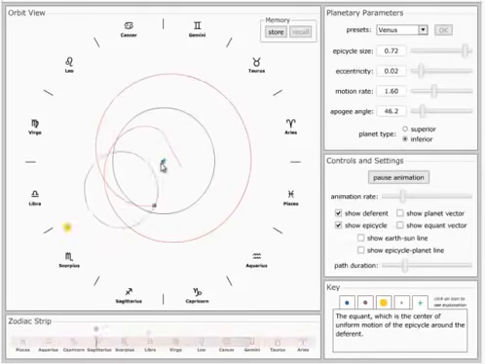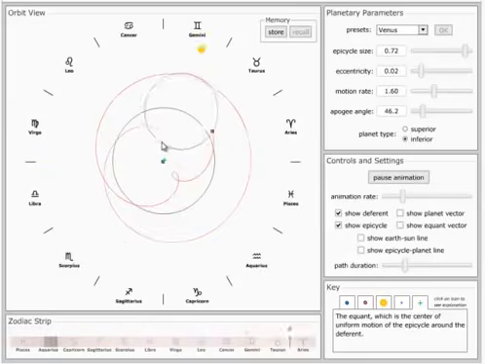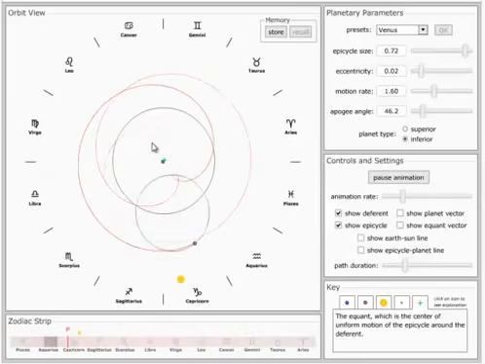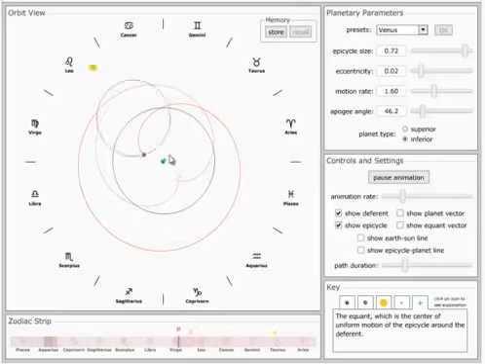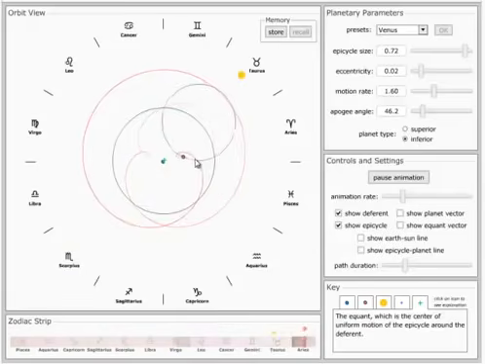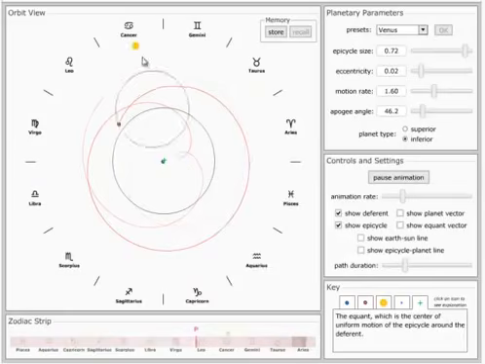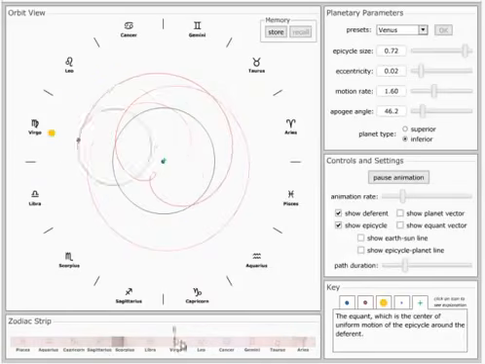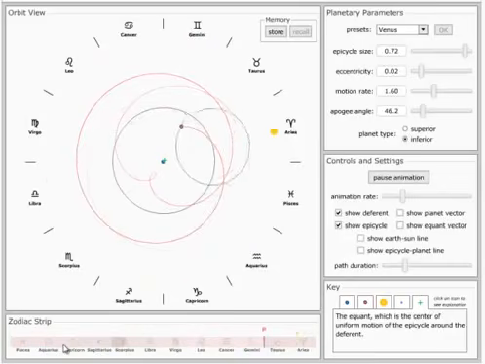Now you'll notice that if you're looking at the orbit of Venus from an observer on Earth, you're always also looking at the Earth. So by setting Venus's orbital period very close to that of the Sun, everywhere you look in the sky, and we can see this again in the zodiac strip, Venus will always be relatively close to the Sun.